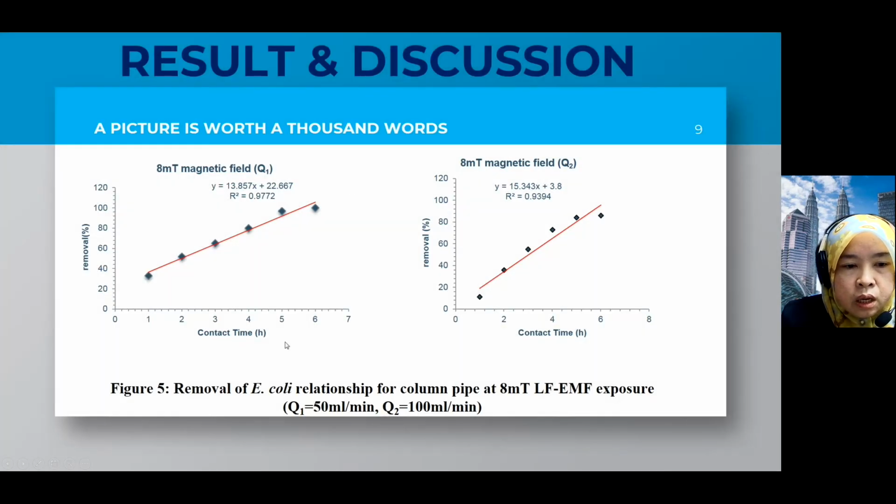This figure shows the removal of E. coli relationship for both column pipes at 8 millitesla of low frequency electromagnetic field exposure. We can see from the figure this is the relationship. The value of R squared is more than 0.9.